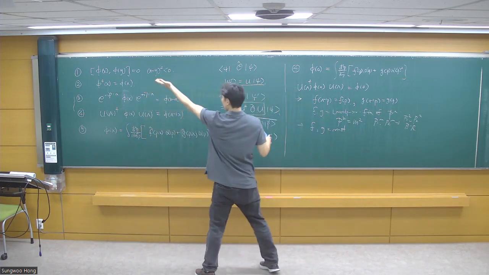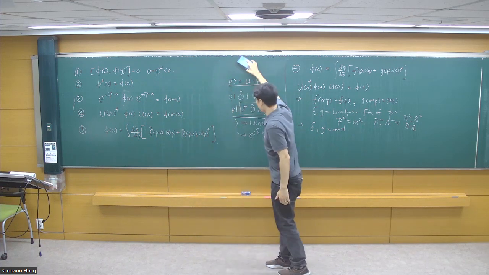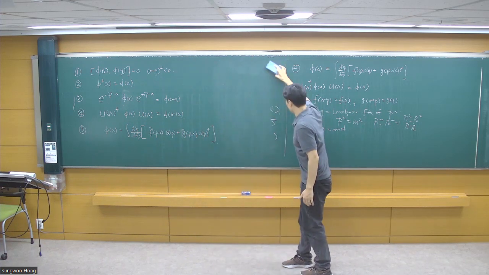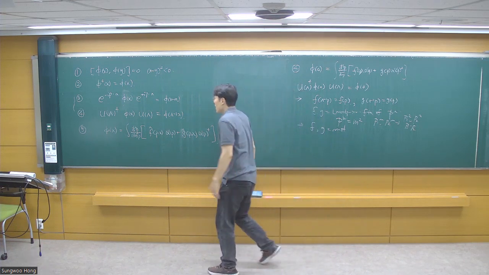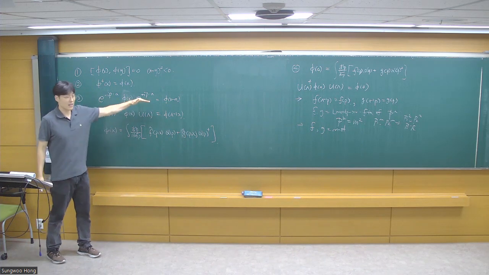Let's continue. So now let's consider 1 and 2, the causality and hermiticity. So now we can write down, I think I did this part too, right, last time.